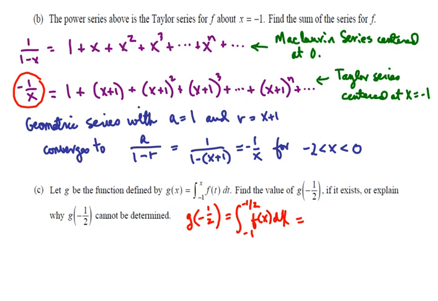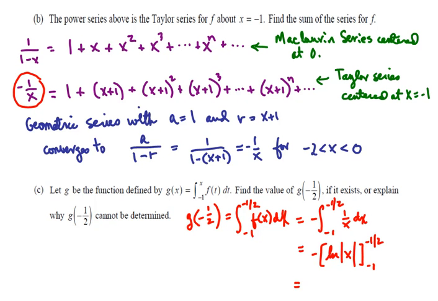And since I already know what f of x is, that's -1 over x, then this integral is just the negative of the integral from -1 to -1/2 of 1 over x dx. And that is just going to be negative the ln of absolute value of x evaluated at -1/2 minus ln of absolute value of x evaluated at -1.